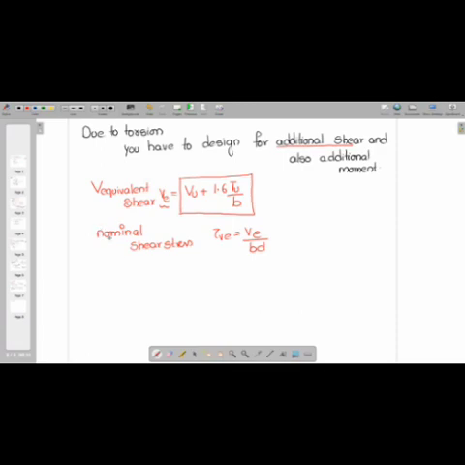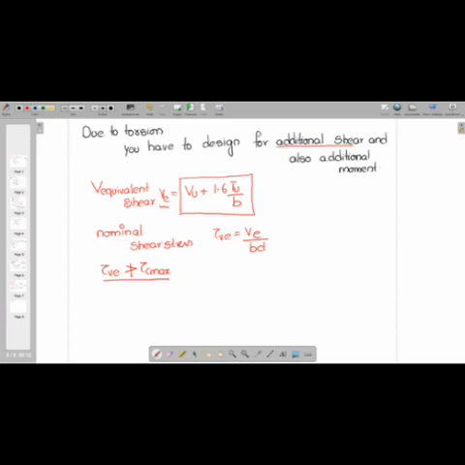See, tau_ve should never exceed tau_c max, which I have told you in shear. Tau_c max is the check for diagonal compression, and it is a function of grade of concrete only.